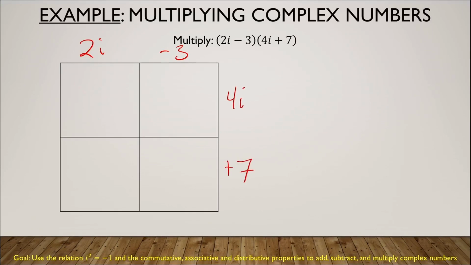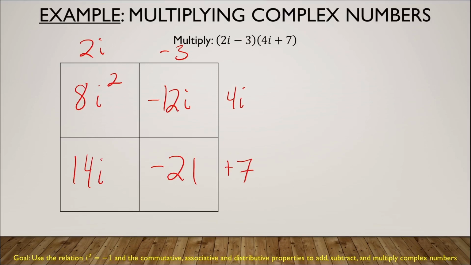This box is 2i times 4i, which gives me 8i squared. We have negative 3 times 4i here, which gives me negative 12i. We're just going to go around the box here. Negative 3 times 7 gives me a negative 21. And then we have 2i times 7, which gives me 14i.